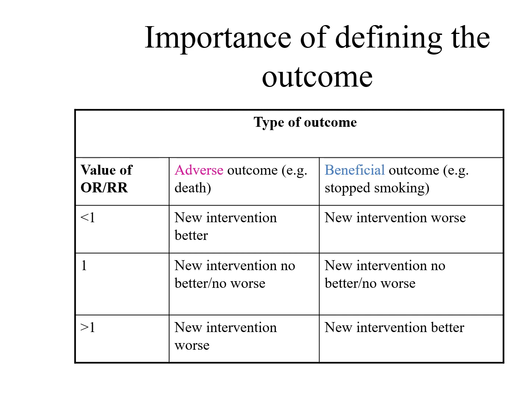If it's greater than 1, the new intervention is worse. And it's the opposite if your study is looking for a beneficial outcome. If it's less than 1, the new intervention is worse. 1, the new intervention is no better or worse. And greater than 1, the new intervention is better.